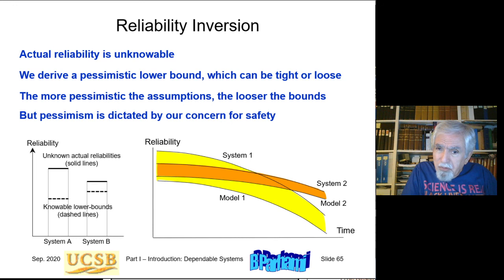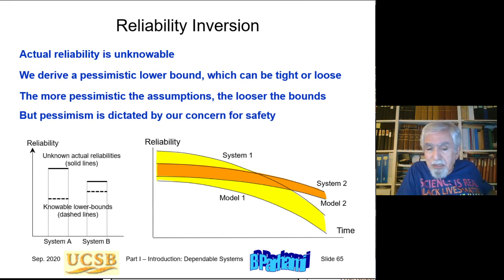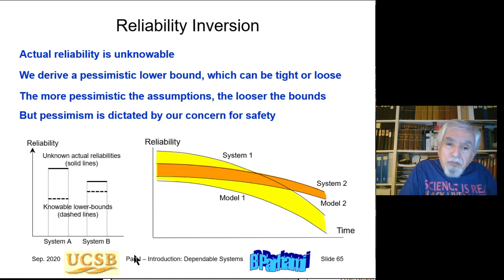Then system 2 becomes more reliable after that point. Whereas the modeled reliability, the lower bound, is uniformly higher for system 2 compared with system 1. So again, we prefer system 2 because its guaranteed reliability is better than that of system 1.